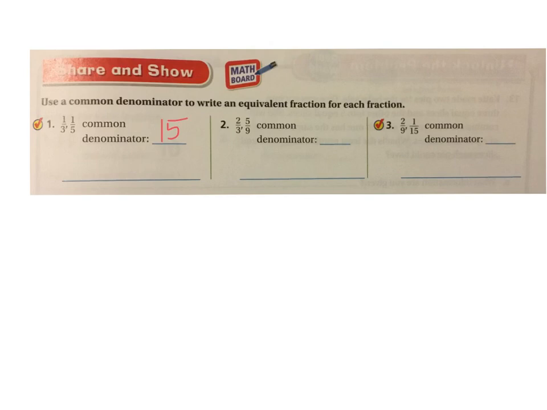And when you figure out what 1/3 turns into in terms of 15ths, that's 5/15, and 1/5 changes to 3/15. For number 2, the common denominator is 9. And when you find the equivalent fraction of those, it's 6/9 and 5/9.